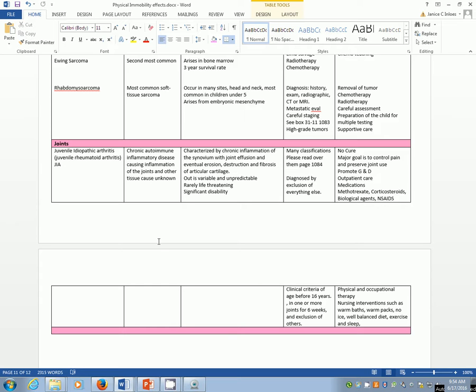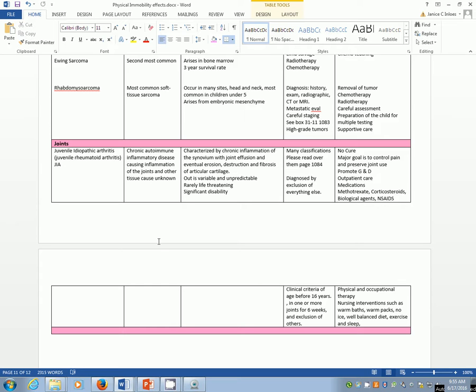We diagnose this juvenile idiopathic arthritis by exclusion of everything else. If they're having hip joint pain, we've looked at Legg-Calvé-Perthes disease, we've looked at slipped femoral epiphysis, we've looked at maybe congenital hip dysplasia, we've looked at anything that might be causing it, and none of that pans out, and so the only thing left is juvenile idiopathic arthritis.